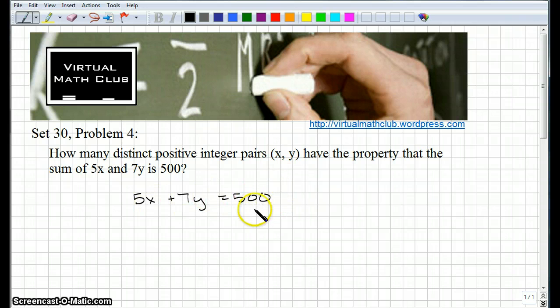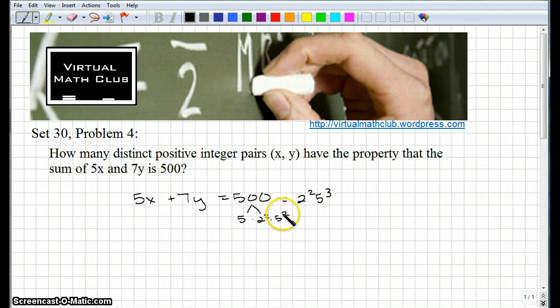For example, this 500 is 5 times 100, which is equal to 5 times 2 squared times 5 squared, right? And so we could write that as 2 squared times 5 cubed.